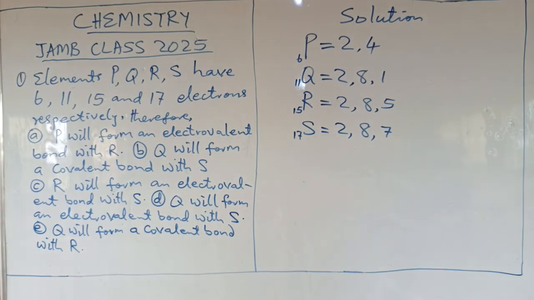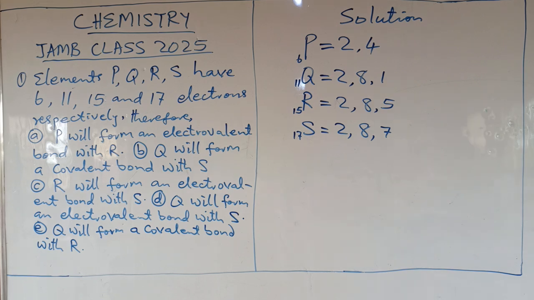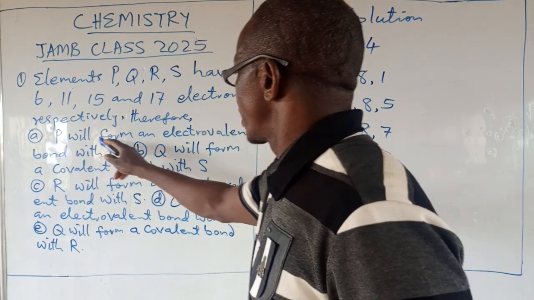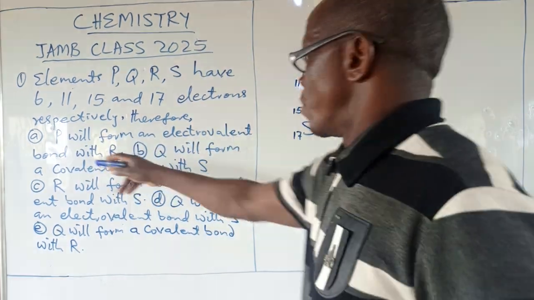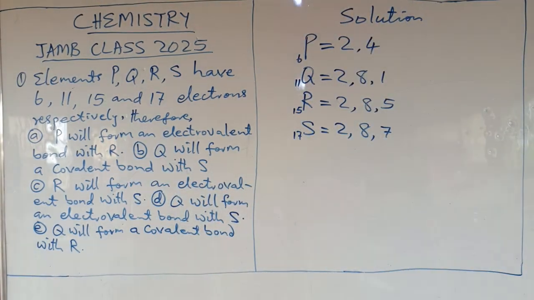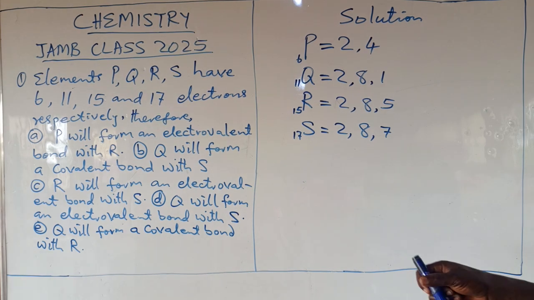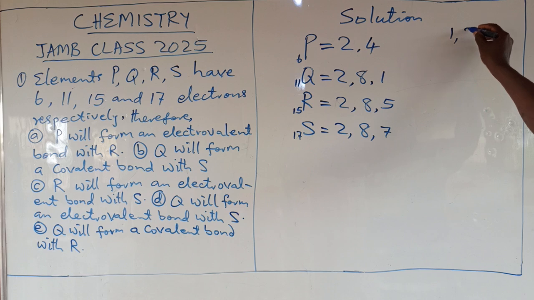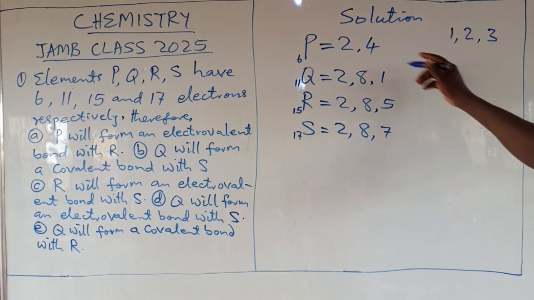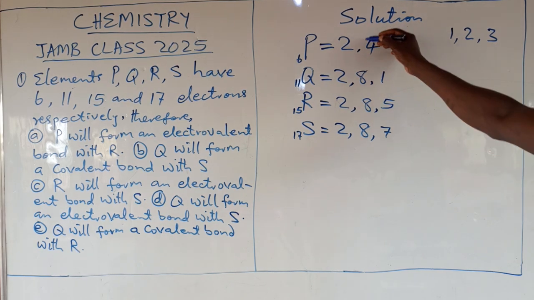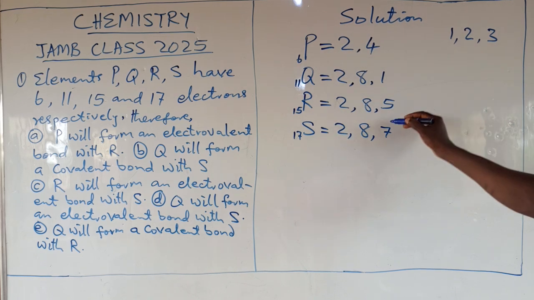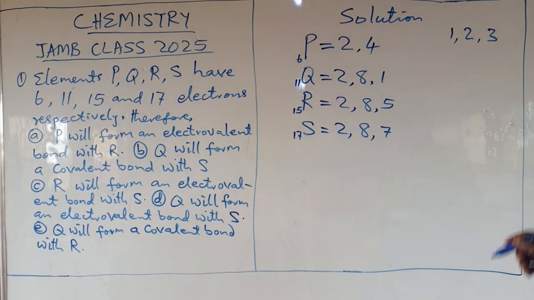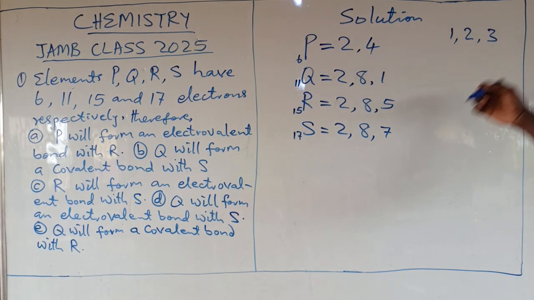Now, to know which option is correct, note that any element that has 1, 2, or 3 electrons in the outer shell is a metal.